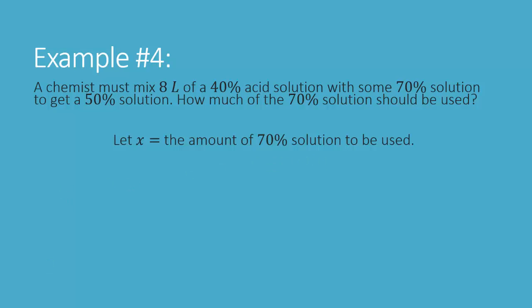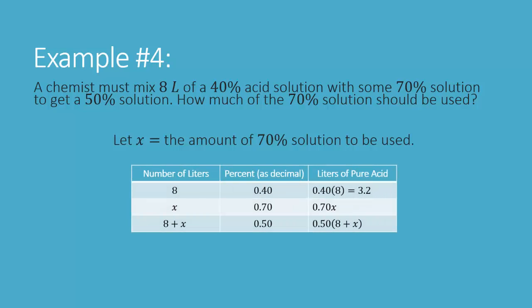Now we're going to make a table that shows liters of both of these solutions and then a final solution. We know we have 8 liters of one solution that is 40% acid.